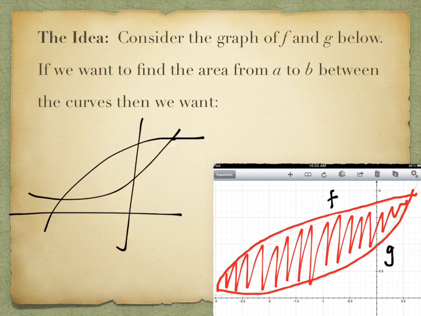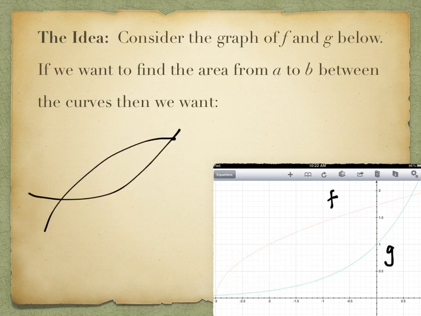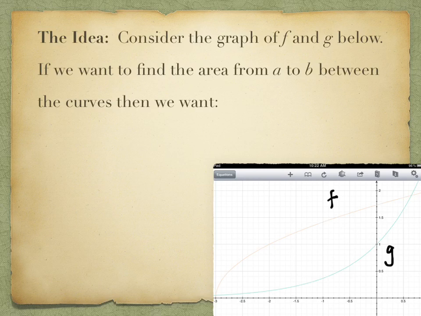Let me get these pieces off of here now. If we wanted to find these two pieces, we could take the graph of f between where it crosses here and here, and find the area from that graph all the way down to the x-axis, couldn't we? We do that with integration, yeah?